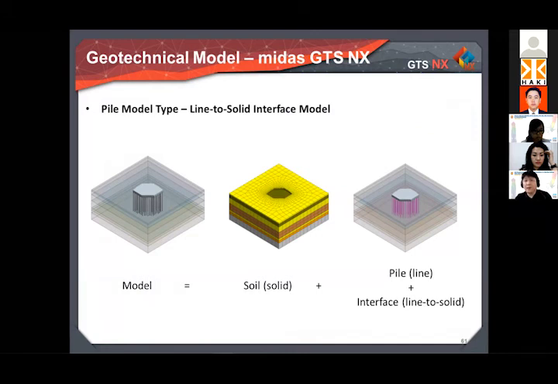But the problem is that the model becomes too heavy to analyze. Another solution that can also be done in GTS-NX is to consider the pile as a lot of beam type elements. So converting a line to beam and creating an interface to simulate its behavior. So the model is equal to the soil, which is composed of solid mesh, plus the piles, which are lines converted to beams, and the interface line to solid.